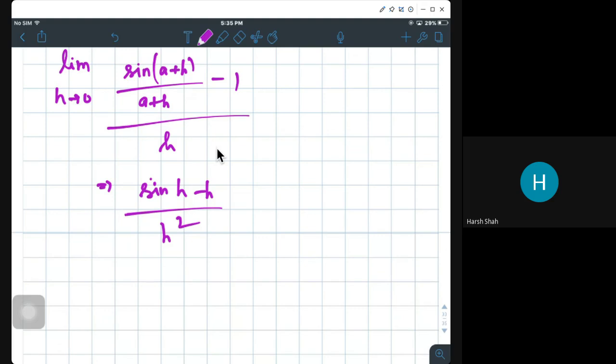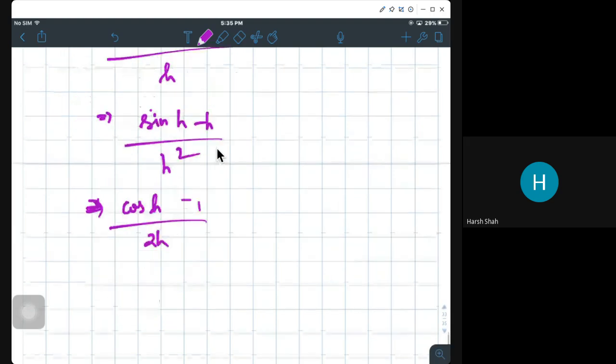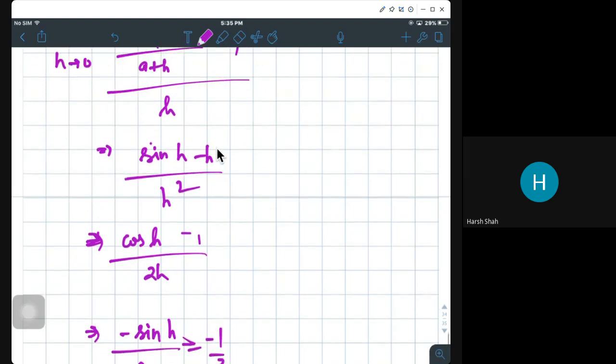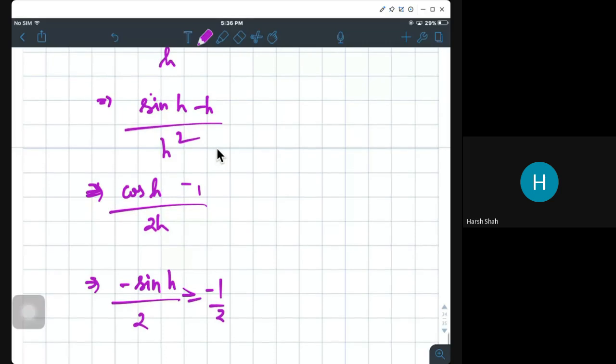So what will I do? L'Hospital rule. This becomes cos h minus 1 upon 2h. Now if you do this, you'll get 1 minus 1 by 0, again 0 by 0. Again apply L'Hospital's rule. This is minus sin h upon 2. So this becomes minus 1 by 2, right? Any doubts in this part?